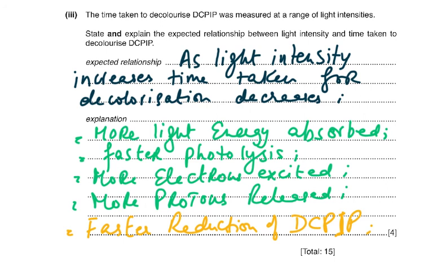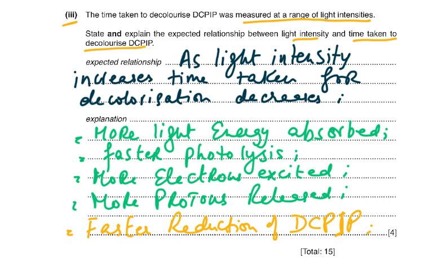Now coming to the last part of this question, part 3. The time taken to decolorize DCPIP was measured at a range of light intensities. State and explain the expected relationship between light intensity and time taken to decolorize DCPIP. Expected relation would be as the light intensity increases, time taken for decolorization should decrease.